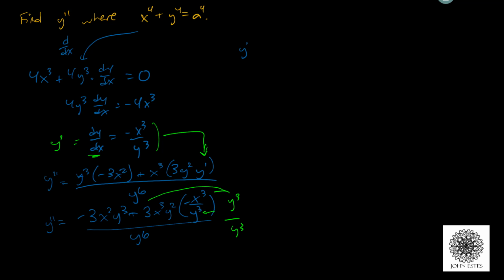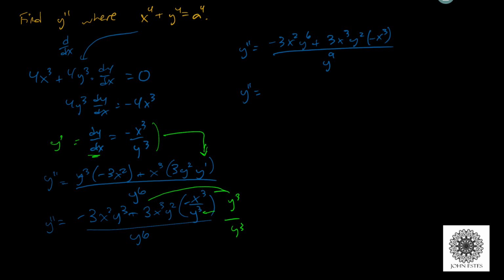So I have y double prime then equals negative 3x squared y cubed times y cubed, so y cubed times y cubed is y to the sixth, plus 3x cubed y squared with a negative x cubed over y cubed times y cubed, which ends up with a negative x cubed. So I can bring that together in a little bit.